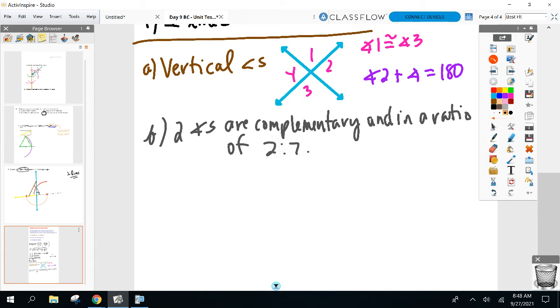Find both angles. Well, they're complementary, so what do you know? They have to add up to 90. And you guys remember doing these numbers in a ratio? What do I need to put with them before I plug them into the equation? Plug a variable in. 2 times what plus 7 times what gives me 90. Yep.